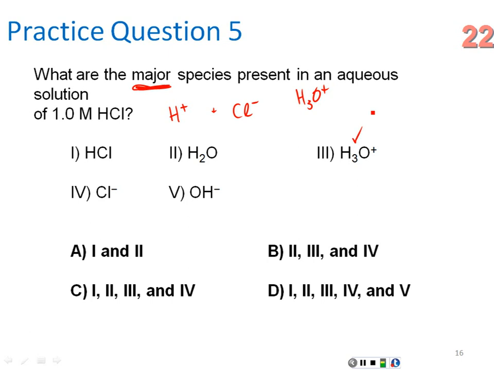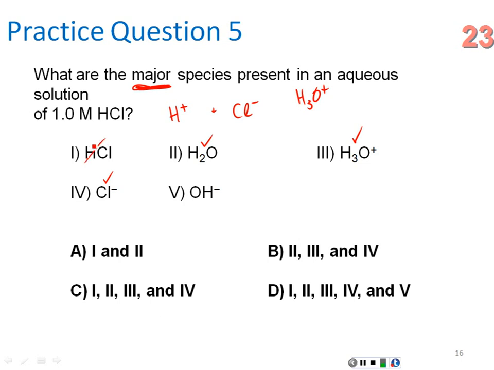So that would be choice 3. Cl minus, the chloride ion, that is choice 4. And then remember, it's an aqueous solution, so water is usually in excess in aqueous solutions, so that would also be a major species.